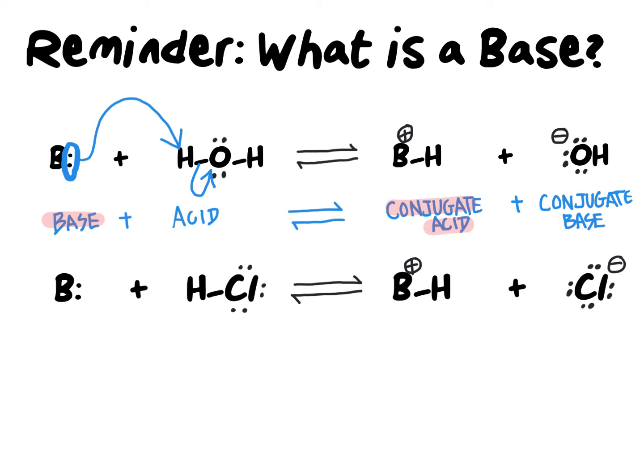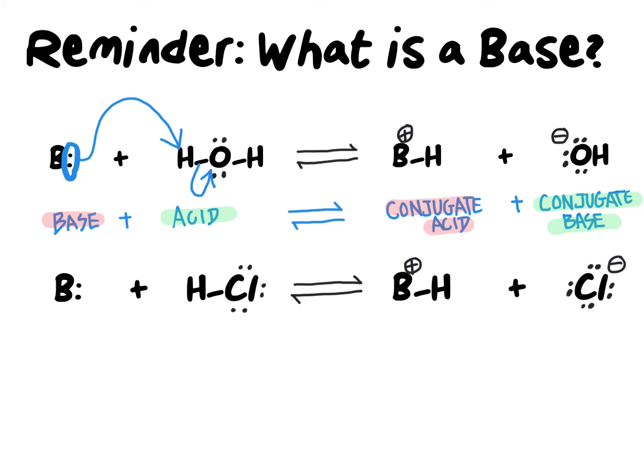Our conjugate base, on the other hand, is what happens once our acid, in this case water, has lost a proton. Once it loses a proton, it becomes from H2O to OH-, making it the conjugate base. So what we're showing here by these electron pushing arrows is that the base will use its lone pair of electrons to grab a proton from the acid.